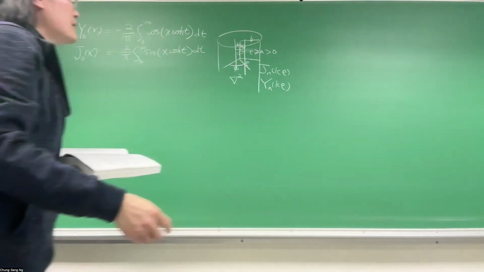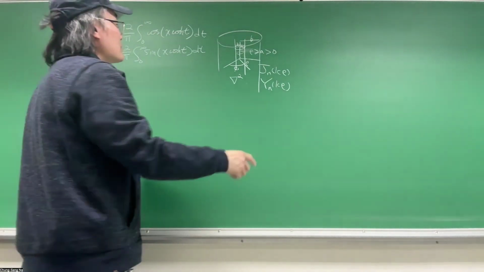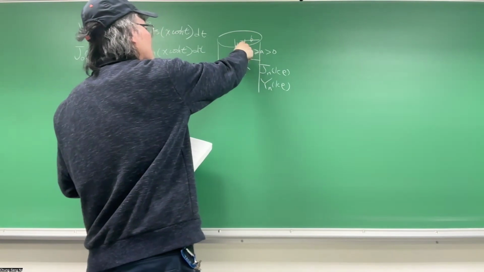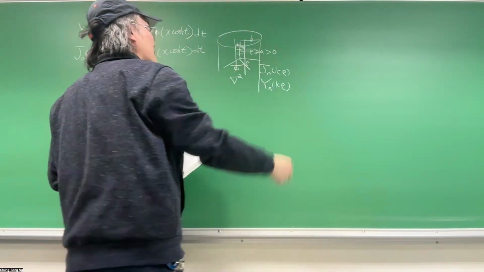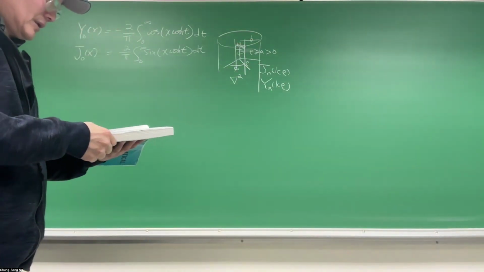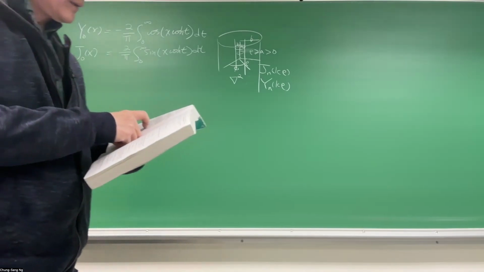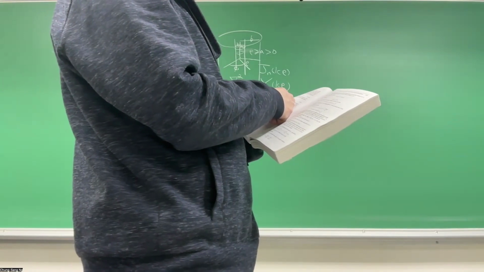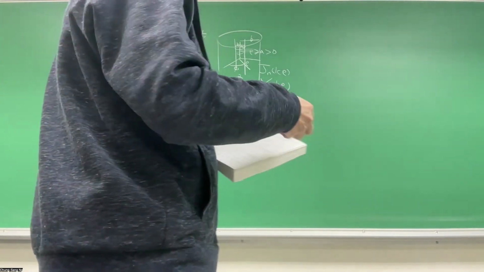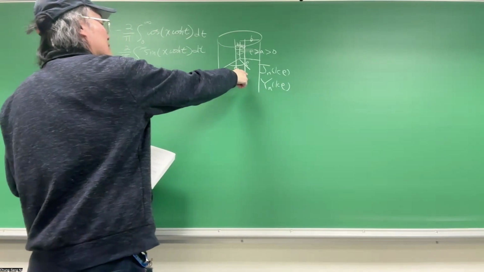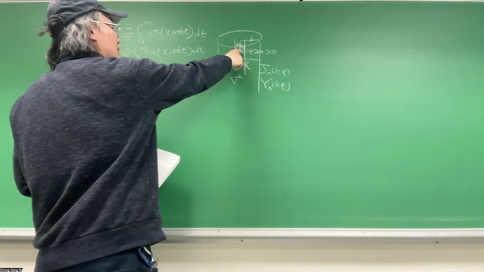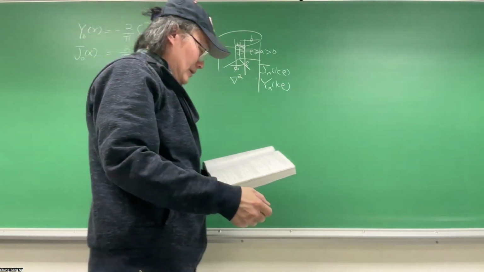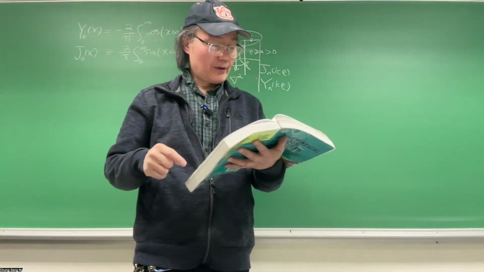The radius is B. Then you want to find the solution between A and B, rho from A to B. I think this is a waveguide problem, subject to the boundary condition that the solution is 0 on these side surfaces, rho equals A and rho equals B. So that's the decay problem.